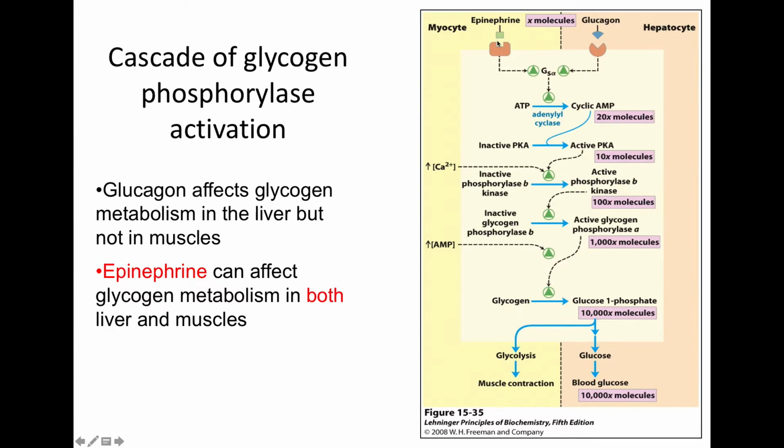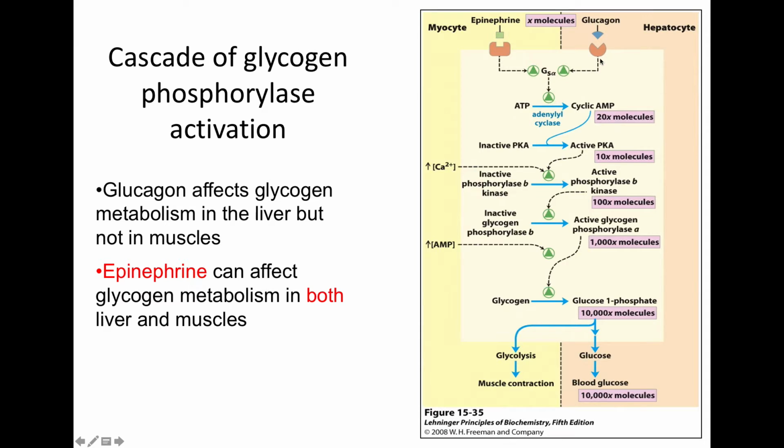Muscle cells can receive the signal from epinephrine, but actually epinephrine can activate both muscle cells and the liver cells. But the liver cells can also receive the signal from glucagon.